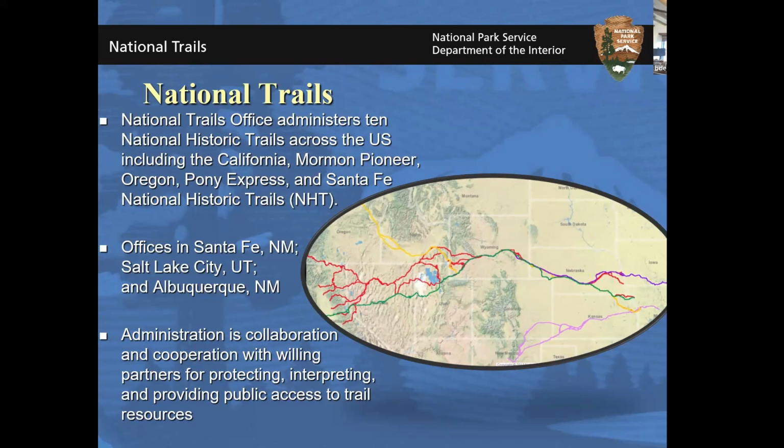Since we administer the trails and do not manage the land that the National Historic Trails are located on, we're always seeking ways to enhance partnerships through collaboration. That's essential to accomplish the mission of identifying and developing and promoting the National Historic Trails.